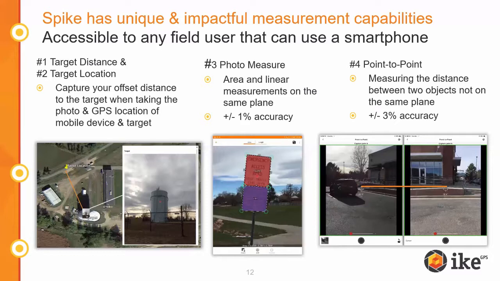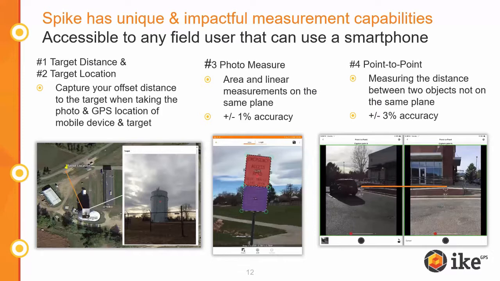So that's one of the reasons why we don't market Spike as a precision tool, but we market it as an estimation tool. And understanding what your tolerance for accuracy in a particular measurement for an application is really important, because there are reasons to go out and take a more accurate, a more precise measurement.